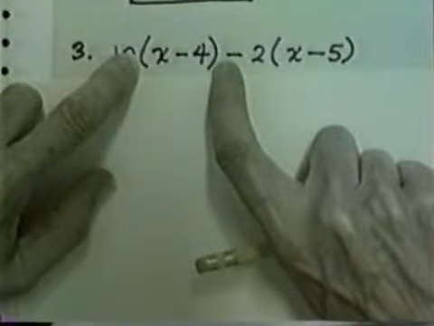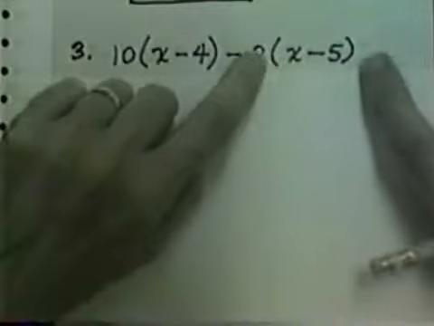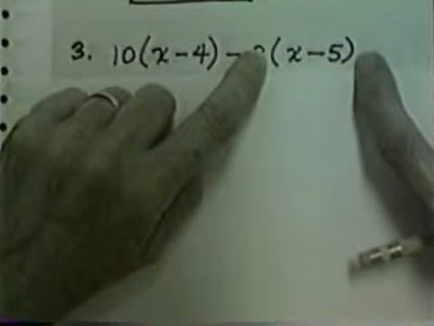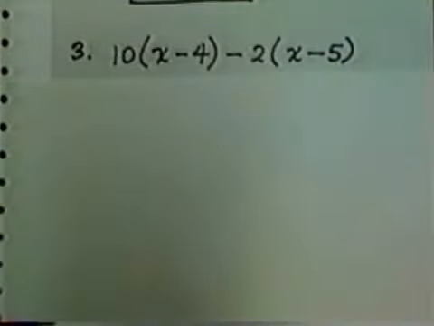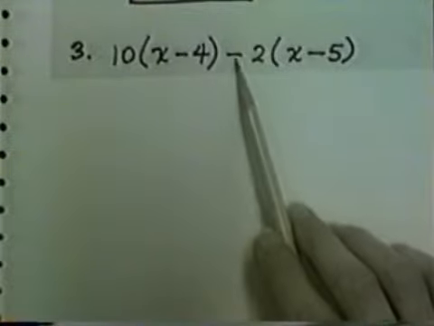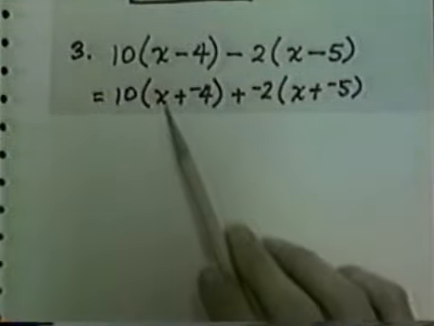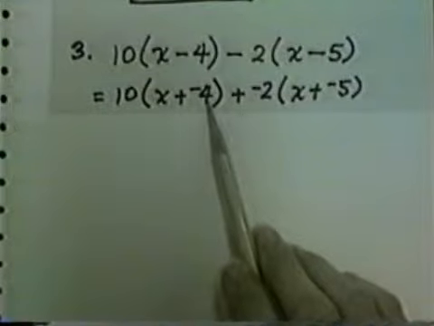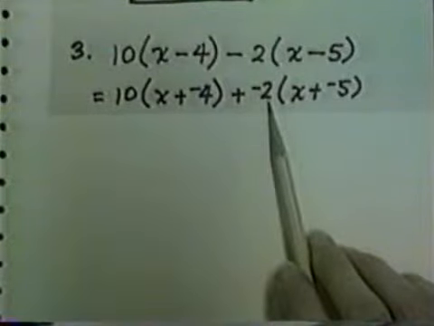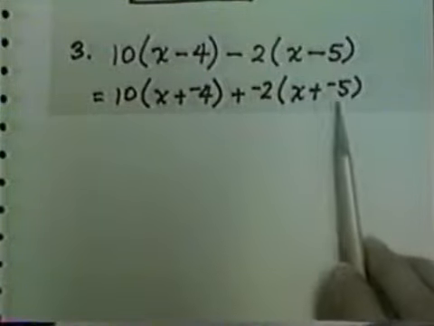They're not like terms. We cannot combine them. Inside the second parentheses, x subtract 5. They're not like terms. We cannot combine them. Therefore, we'll simply change the subtracts to add the opposite and write 10 times the expression x plus -4 plus -2 times the expression x plus -5.